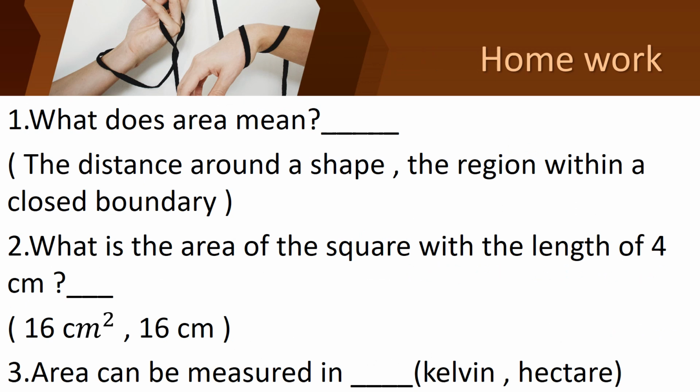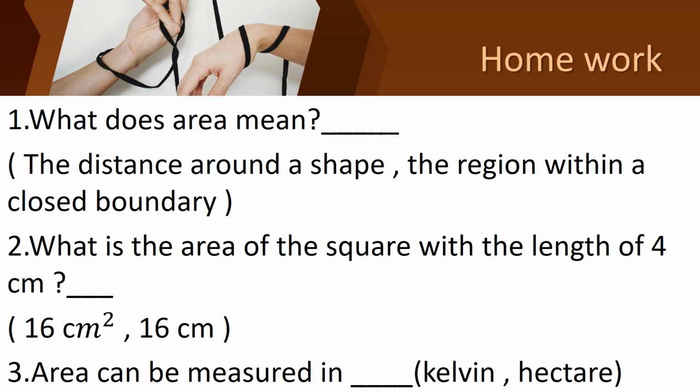Children, this is your today's homework. Take down the questions in your homework notebook. Put today's date and write. The first question, what does area mean? Options are distance around a shape and the region within a closed boundary. Choose the correct answer.